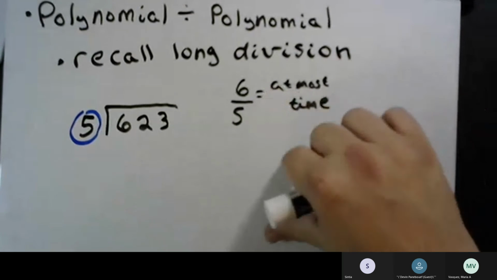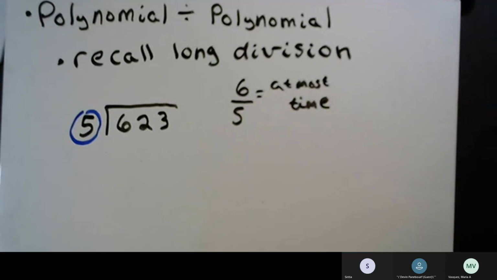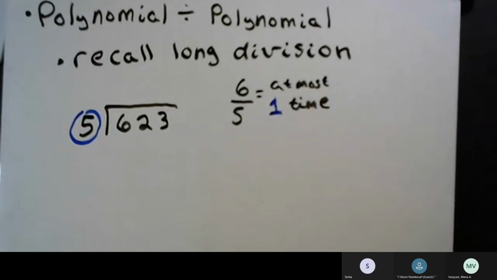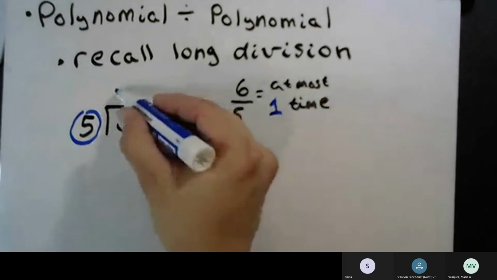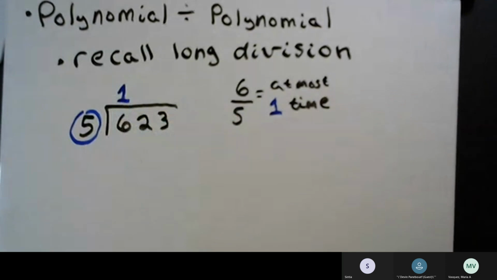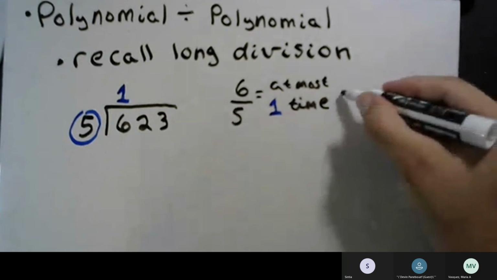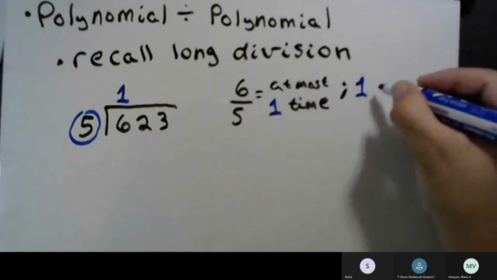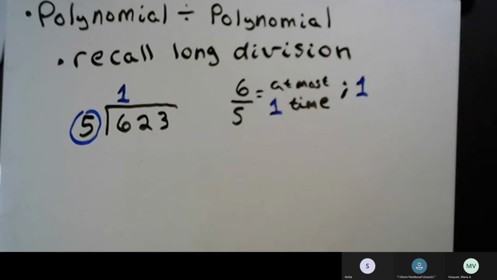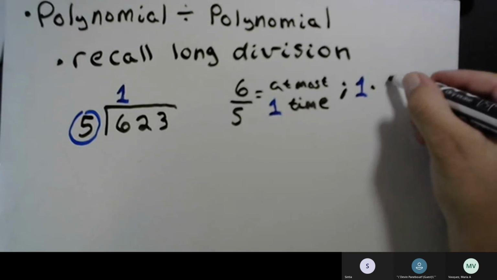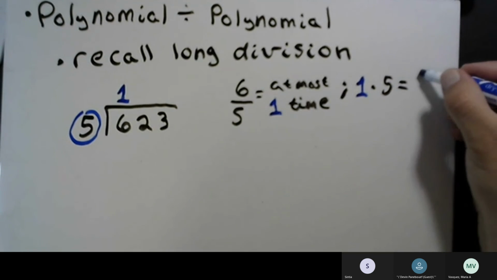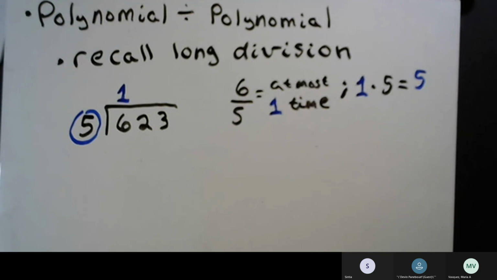Let me do a little highlighting here. Make this blue. At most one time, so we put the 1 here. And then for the next step, we take that 1, we multiply it by 5, and we get a blue 5.